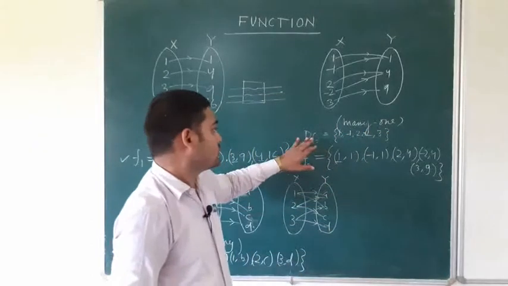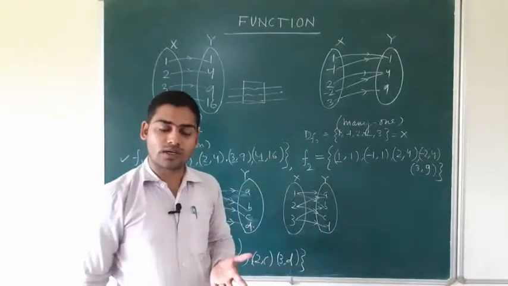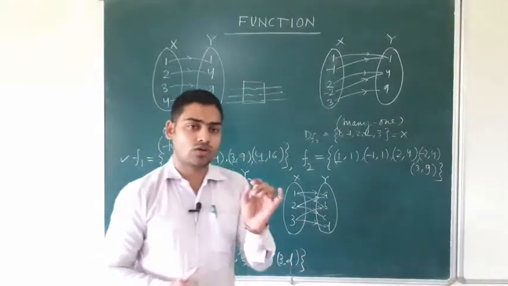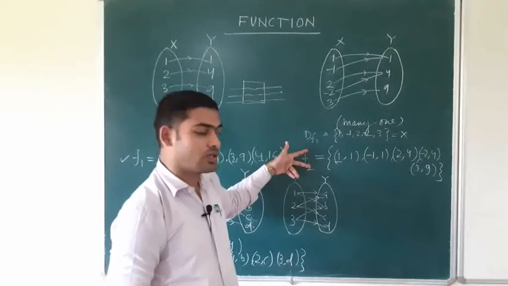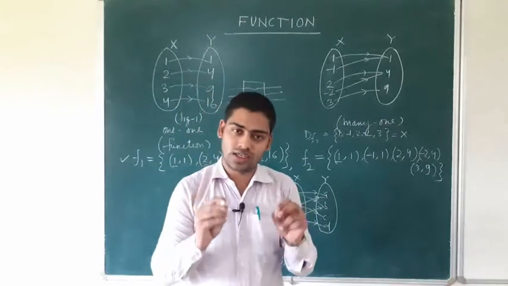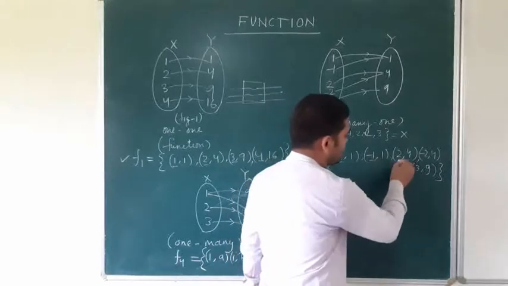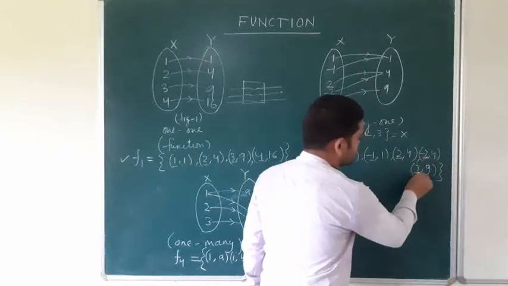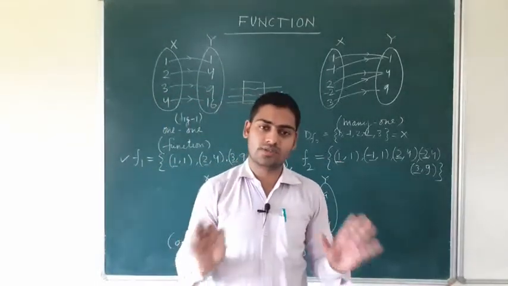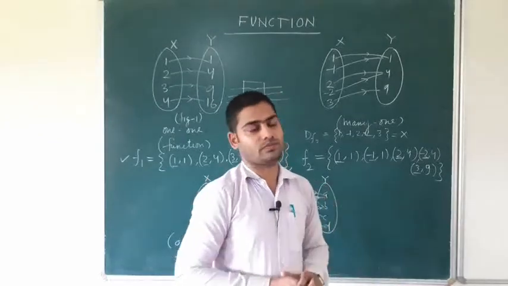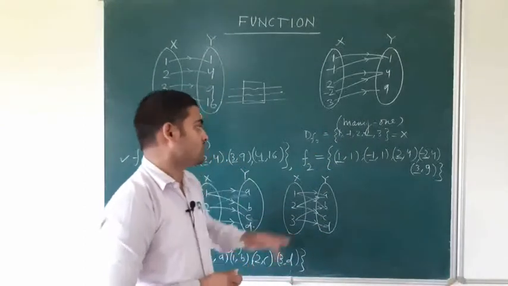So this domain of F2 is equal to set X. So first condition satisfied. Then next condition is no two distinct ordered pairs in relation F2 have the same first coordinate. So first coordinate is 1, here minus 1, 2, minus 2, 3. The first coordinates of all ordered pairs are different from one another. So second condition also satisfies, so it is also a function.